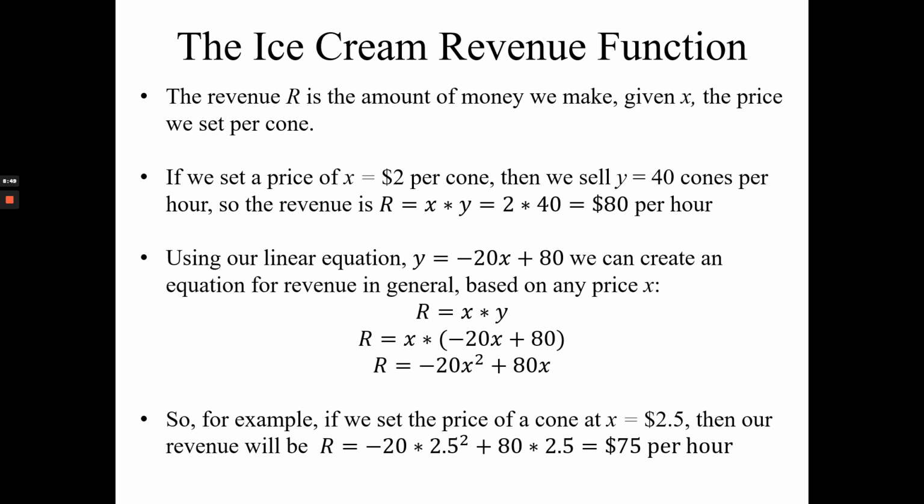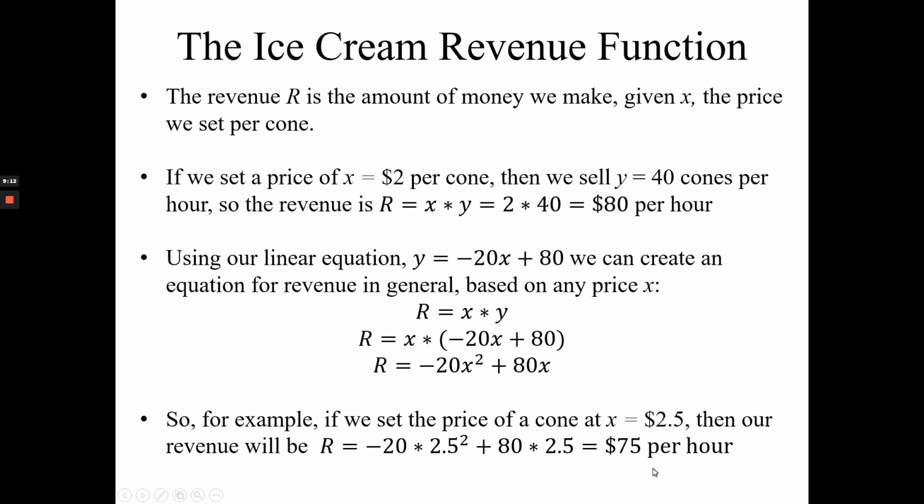So now we can say, well, how much money will I bring in if I set the price of a cone as being $2.50? Then we can calculate what that is. Let's see, that's -20 times 2.5 squared plus 80 times 2.5. And we find that we bring in $75 per hour. That's interesting. So we'll bring in $80 per hour if we set a price of $2 per cone.